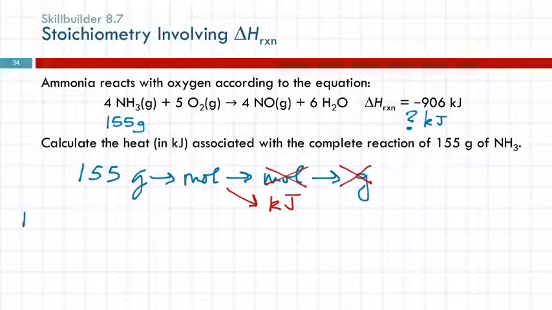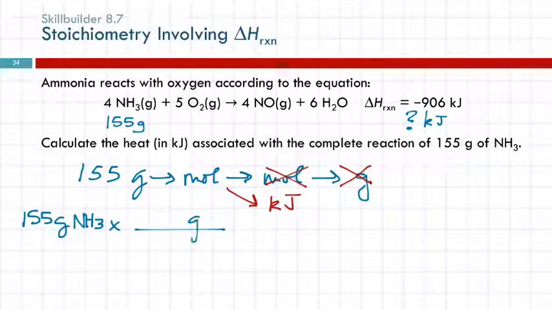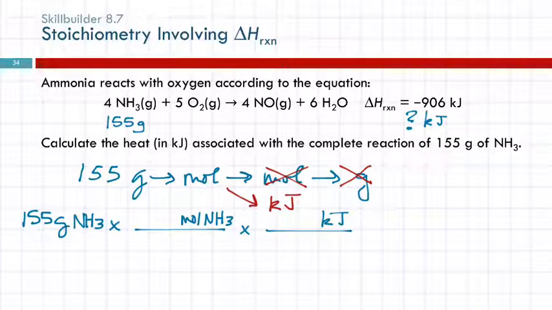So 155 grams of NH3. I've got 2 arrows, so 2 conversion factors. Grams to moles, so moles of ammonia, and then I'm going to go directly to kilojoules. Same process applies here with dimensional analysis. Divide by grams of ammonia, those cancel.